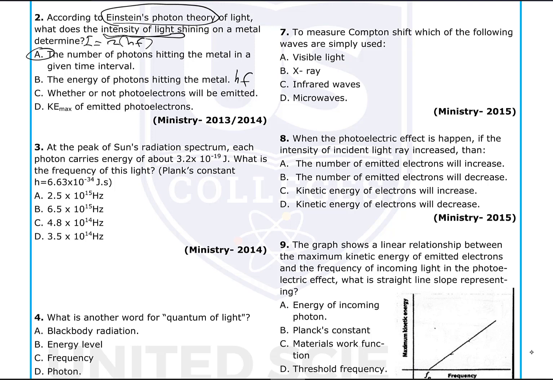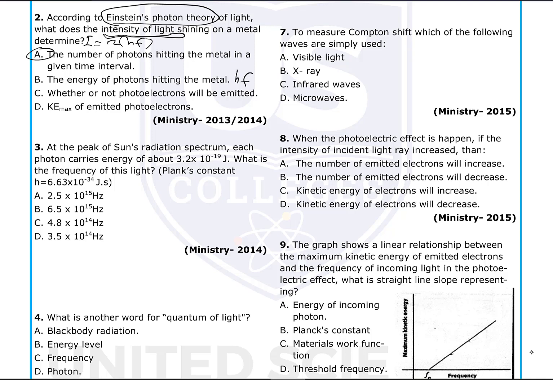C. Whether or not photoelectrons will be emitted. This is not about intensity, it's about the energy of a single photon. When the energy of the photon is enough to overcome the work function, then photoelectrons will be emitted, we know that. D. Kinetic energy of the emitted photoelectrons. Kinetic energy of the emitted photoelectrons also depends on the energy of the photon.